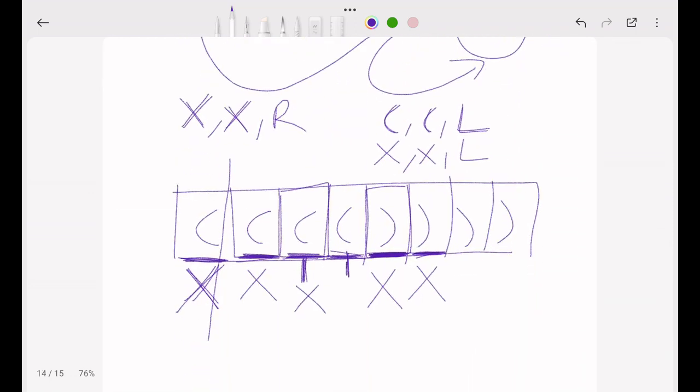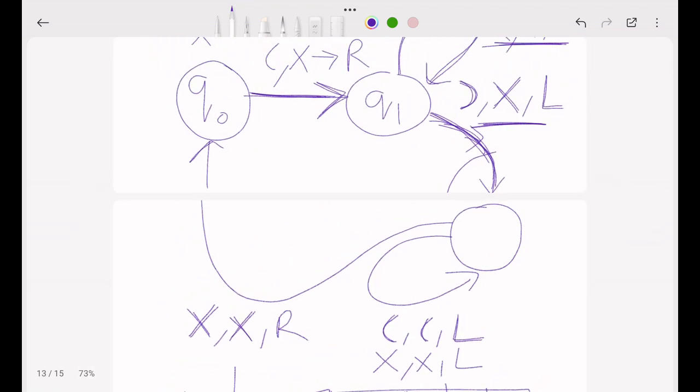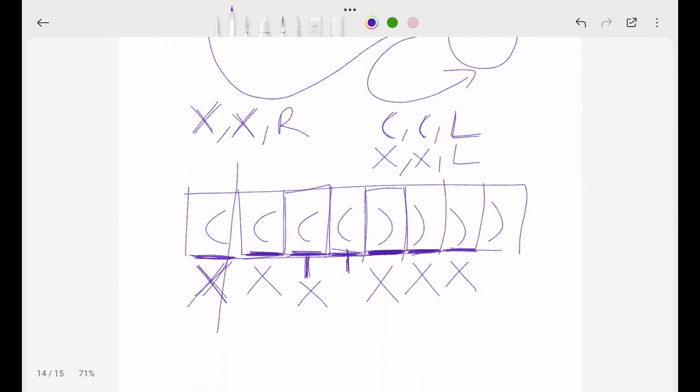Now whenever this symbol is coming, replaced by x and move left. Again x replaced by x because of this, move left.